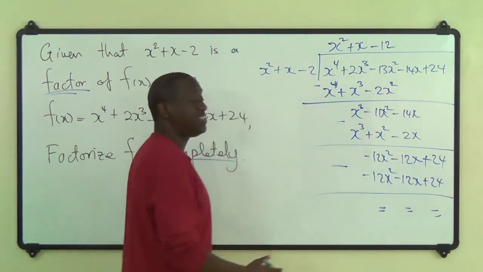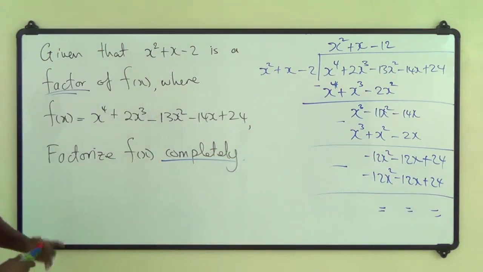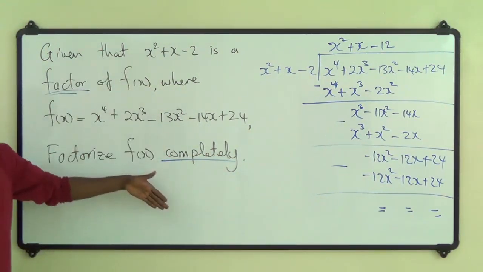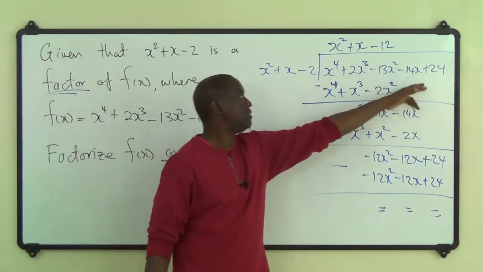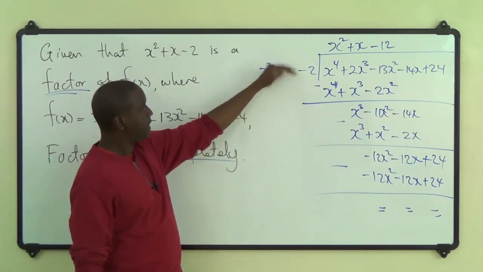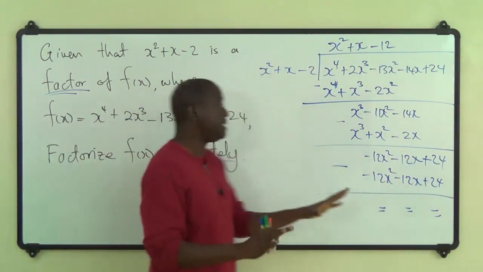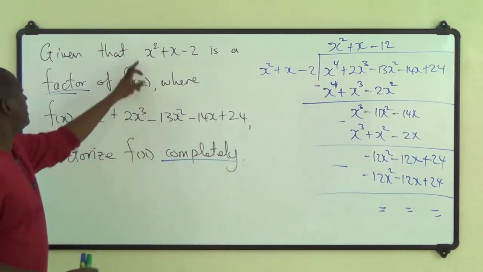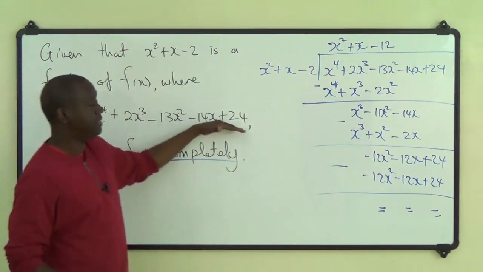All right? So just as advertised in the worded question itself, when we divide all of this by this, we get this with a remainder of 0. And that is what it means when they say that this is a factor of this.